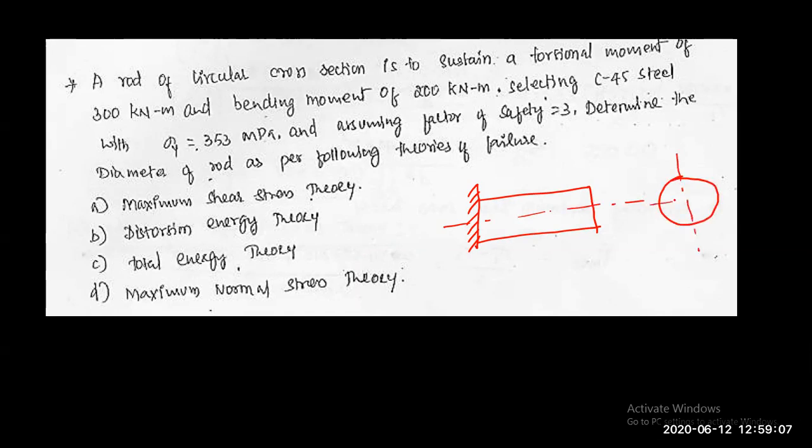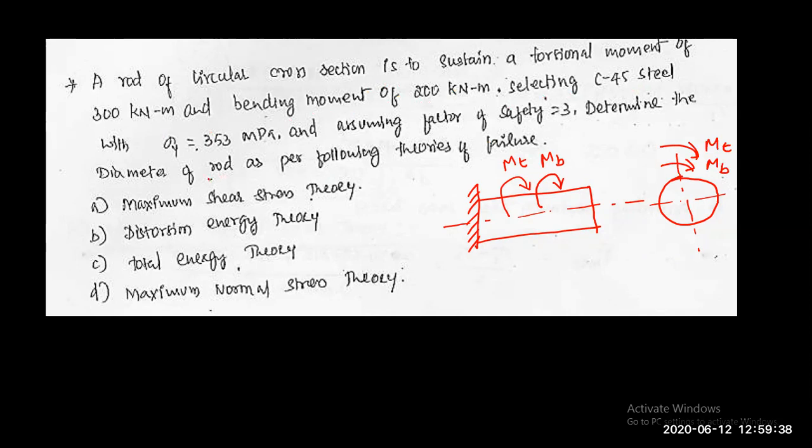It is subject to a torsional moment, so you are applying a torsional moment MT here, and a bending moment of 200 kilonewton meter. So both torsion and bending are applied. MT and MB both are given.